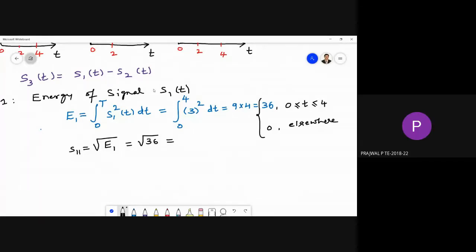Sir, that day you had told the signals that are dependent on others cannot have an orthonormal basis function. Here, each and everything is interdependent, no, sir?